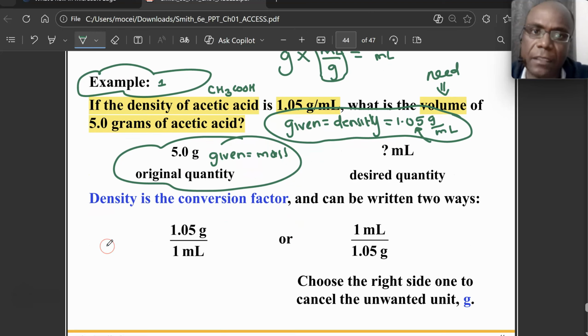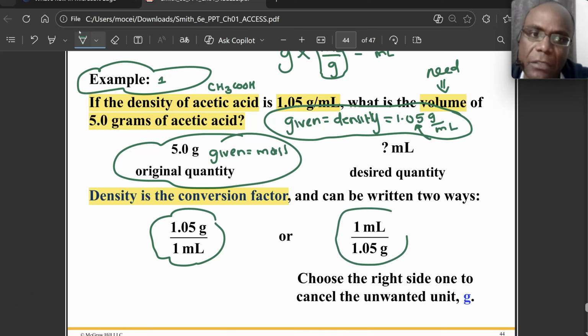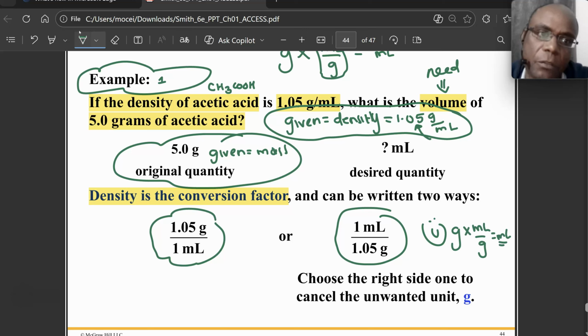So density is playing the role of a conversion factor and can be written in two ways. You can write density this way, or you can write it in this way, and this is the version that we want because we are going with this formula. We are looking for volume, okay? So you want this because it has ml over g.